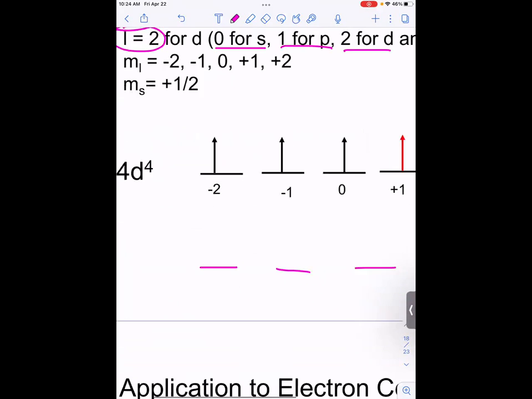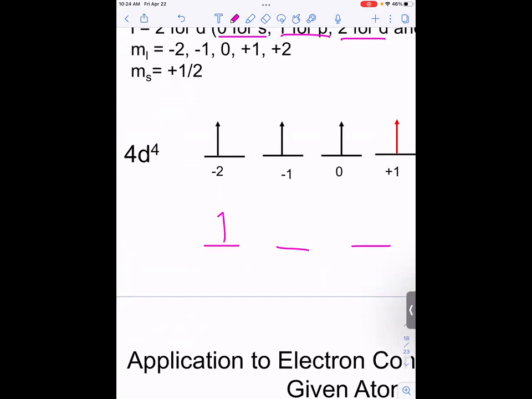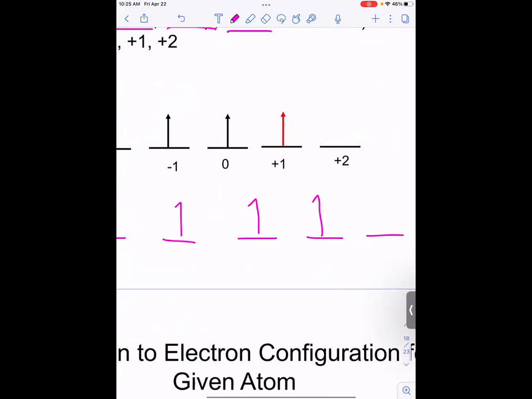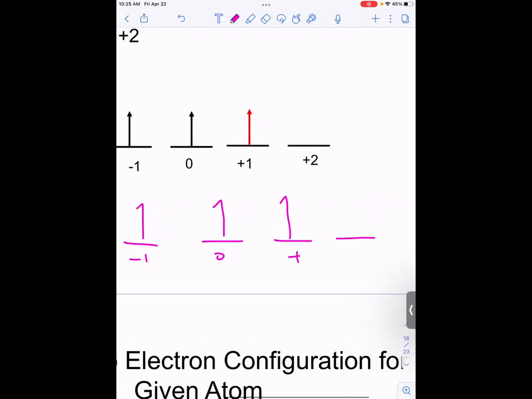So if it's 4D4, we put those electrons in, and again, these are degenerate, so I'm not going to put 2 electrons in any one of those orbitals. I'm going to put 1 in each before I put 2 in any. So this is -2, -1, 0, +1, and +2, right? So now this is the electron in question.